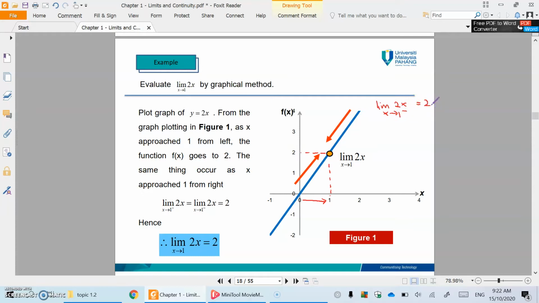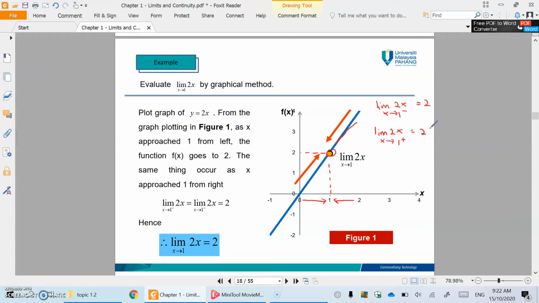Next, consider the right side limit, where we are approaching x from the right hand side. From our graph we can see that it is also approaching 2, so the right side limit is equal to 2.